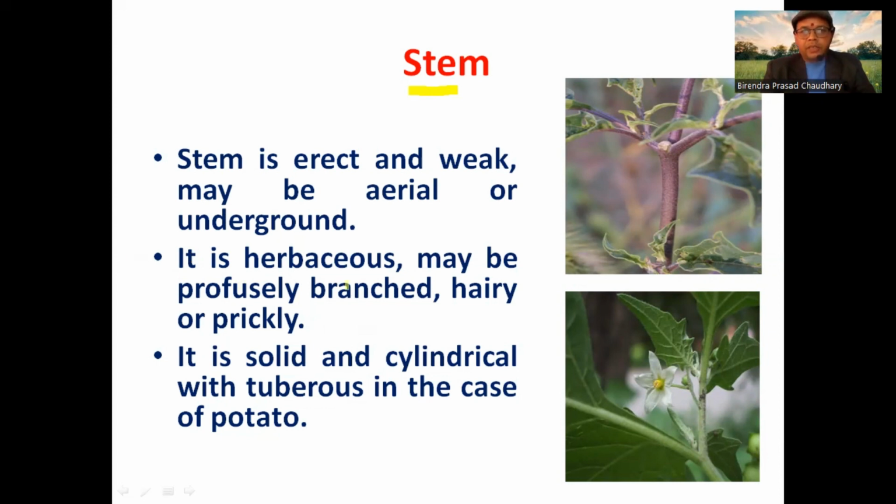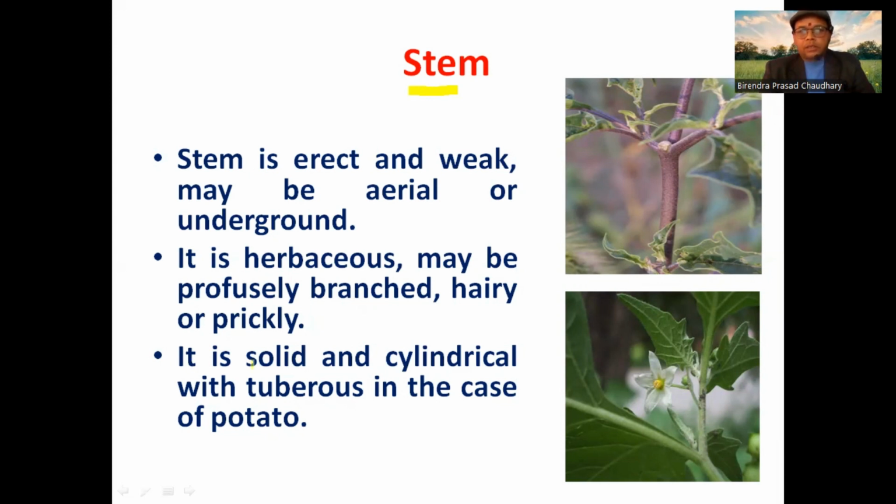It is herbaceous, maybe profusely branched. The stem is branched, hairy or prickly. Sometimes the stems are covered by hair-like structures like the trichomes found in the family Brassicaceae, and prickly means some plants have a thorny or spiny stem.